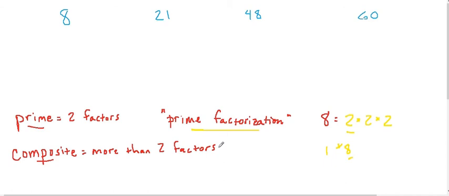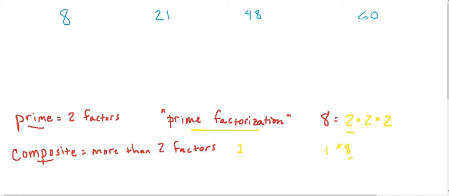Composite means all the other numbers, whereas prime means it is exactly 2 factors. The number that kind of breaks the rule is 1, because it's got not exactly 2 factors. It's not a good example of either one.